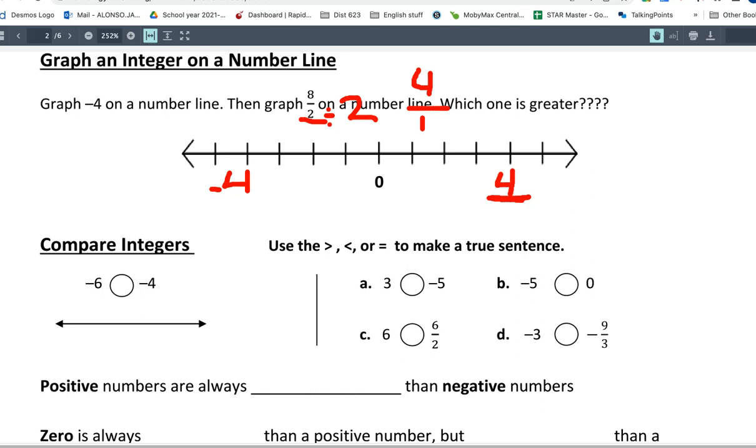One of the things that you need to understand here, when you are talking about a negative number, the farther the negative number is from 0, the smaller it is. Whenever it is on the negative side. Whenever you're talking about a positive number, whenever the number is the farthest from 0 to the right side, that means that it's getting bigger and bigger and bigger.